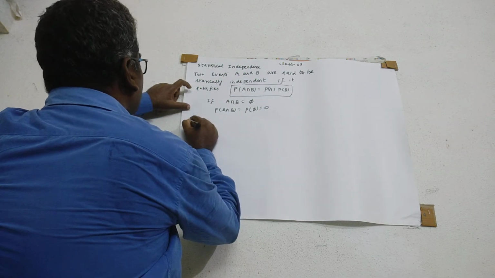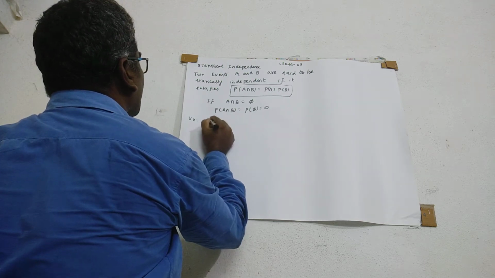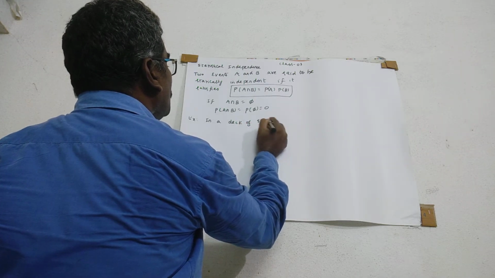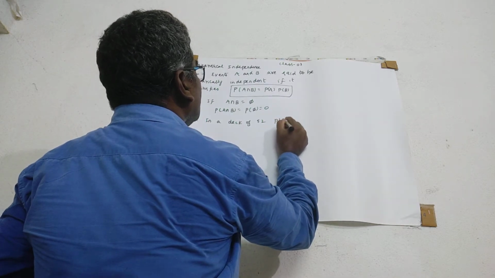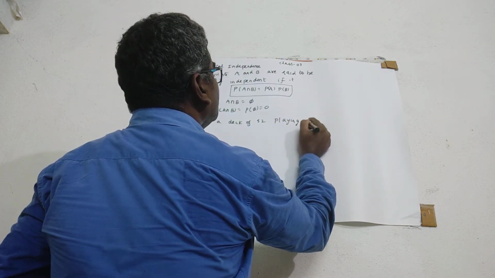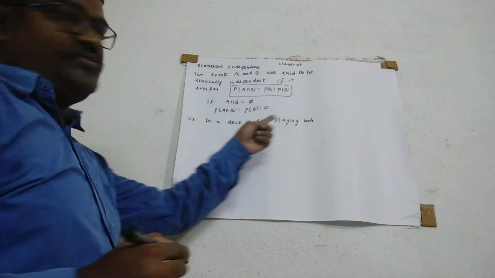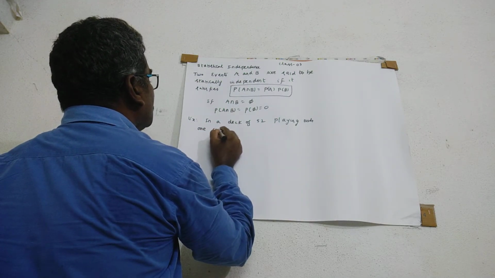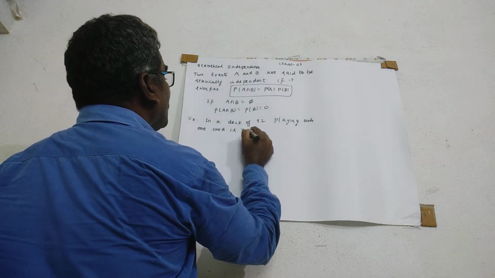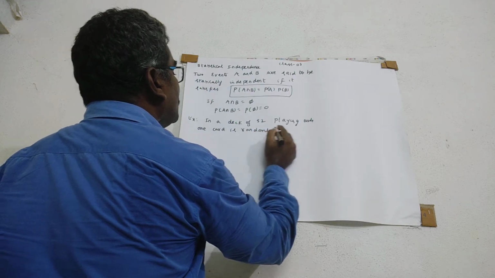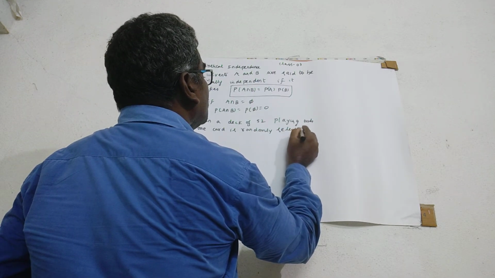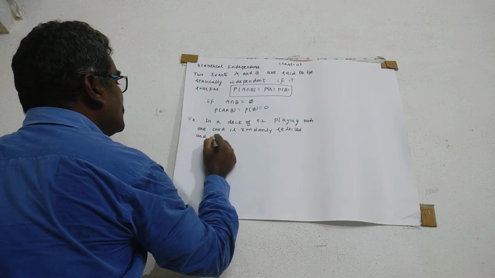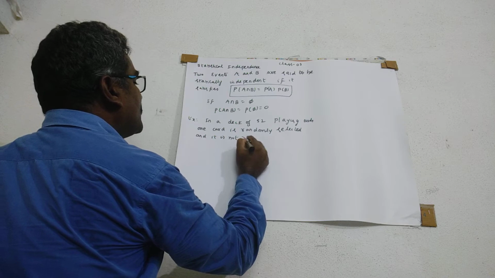Next example problem. Example: in a deck of 52 playing cards, one card is randomly selected and it is not replaced.